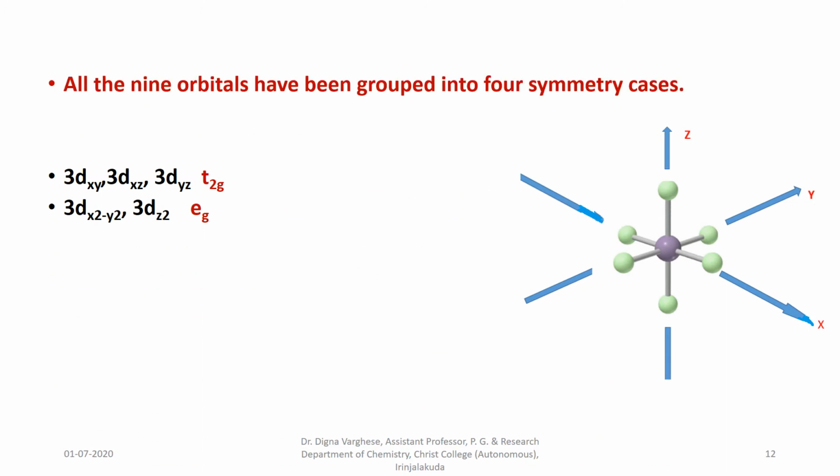All the 9 orbitals are grouped into 4 symmetry classes. One is 4s.